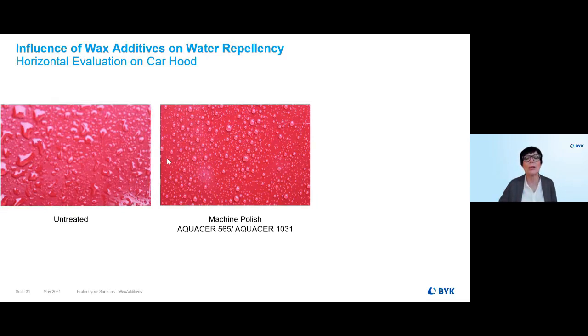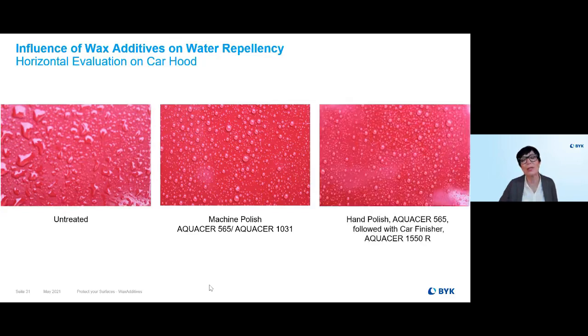So we have a pretty nice contact angle of our water droplets. And if you would have rapid drying with an airstream, these water beads will be able to roll off the surface pretty easily.